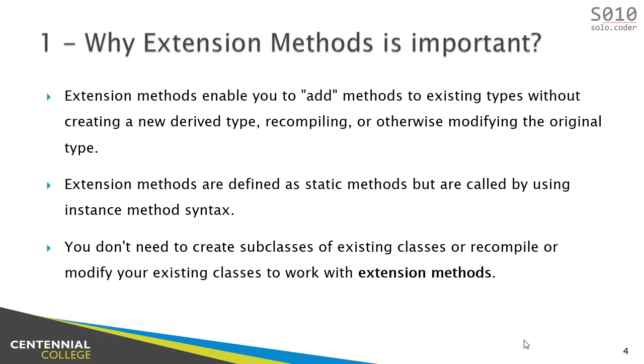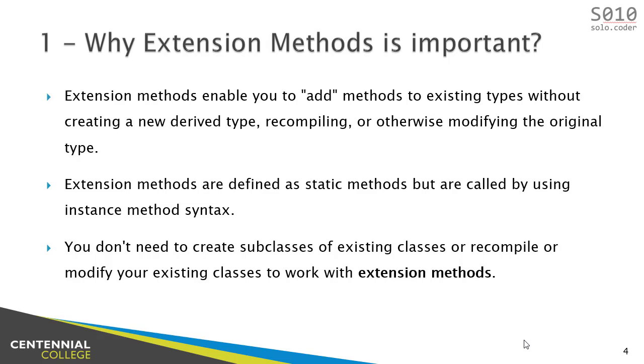We can think of extension methods like a tool. You can create your own tool and you don't need to create a new class to use it. So when you use the main method, you use this tool that you created, and it's more convenient.